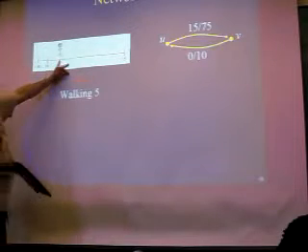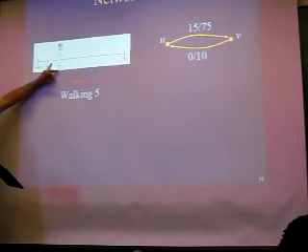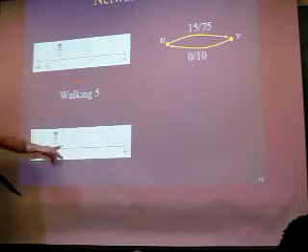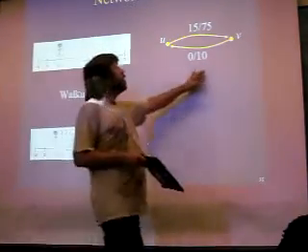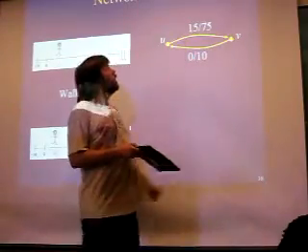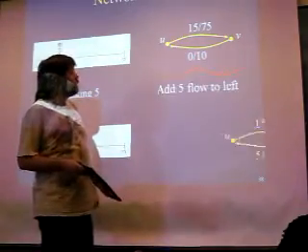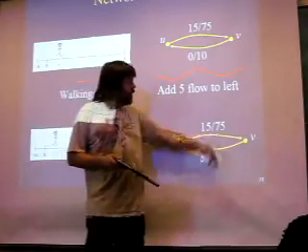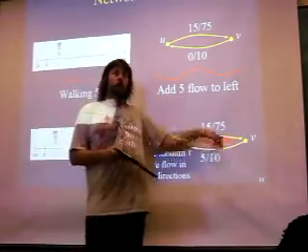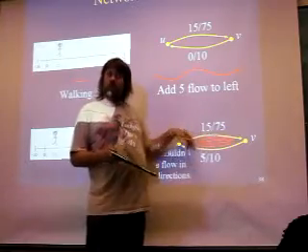If we're currently standing here and you walk 5 this direction, right, then you'll be at 10. So what does that mean over here? Well, if we push 5 that way, then it's kind of like pushing 5 along this edge. But the problem is we have flow spiraling around. You have 15 going this way and 10 going this way.